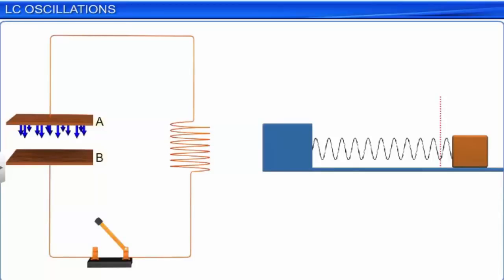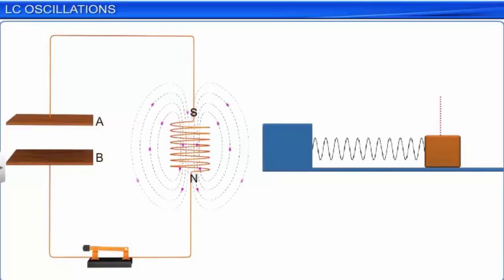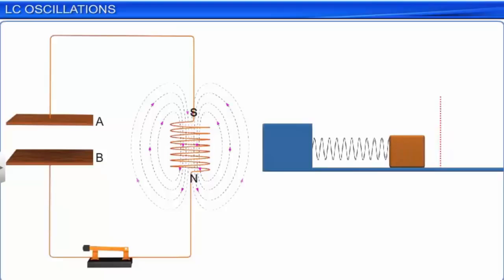In the case of a spring, when the spring is initially in an elongated position, all the energy of the system is in the form of potential energy. When the spring is released and it reaches the mean position, this potential energy in the system is converted completely into kinetic energy. When the spring goes to the other extreme, the kinetic energy in the system is again converted back into potential energy for the spring.